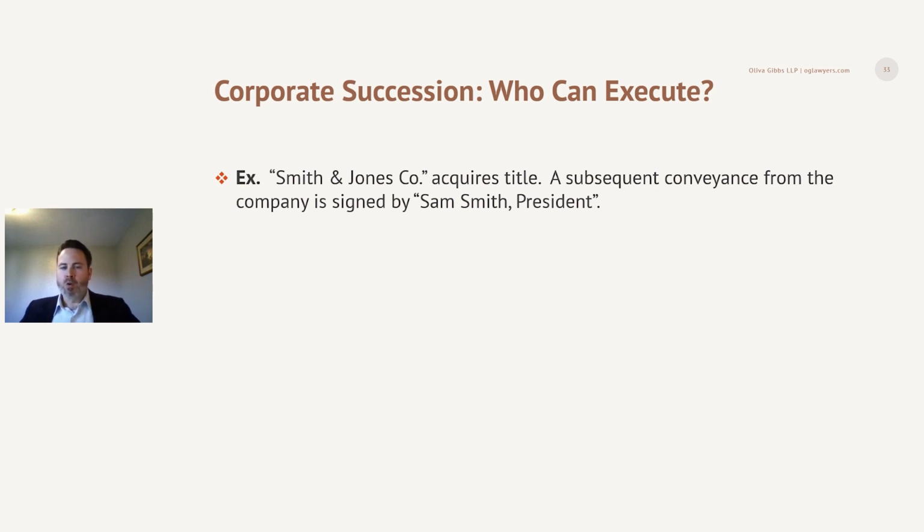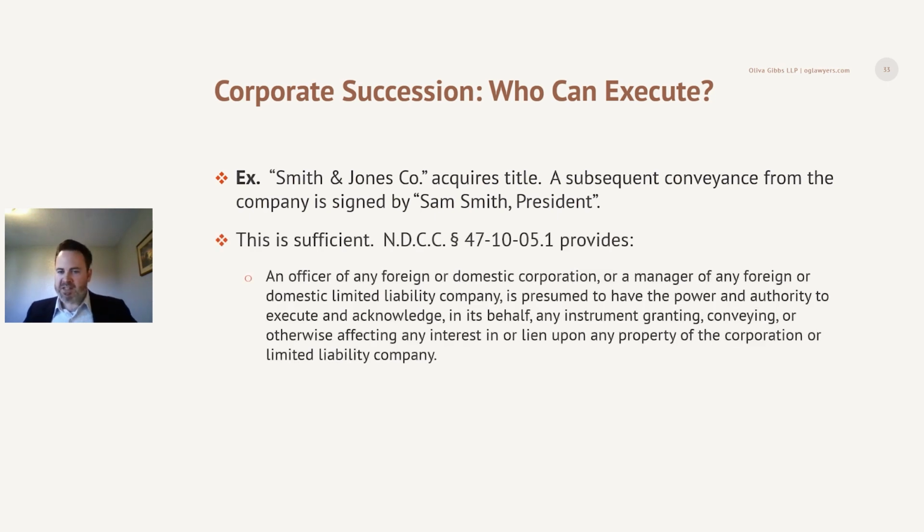So in this first example, Smith & Jones Company acquires title. A subsequent conveyance from the company is signed by Sam Smith, President. Is that sufficient? This is, in fact, sufficient. The statute provides that an officer of a corporation or a manager of a limited liability company is presumed to have the power and authority to execute any instrument on behalf of the entity.